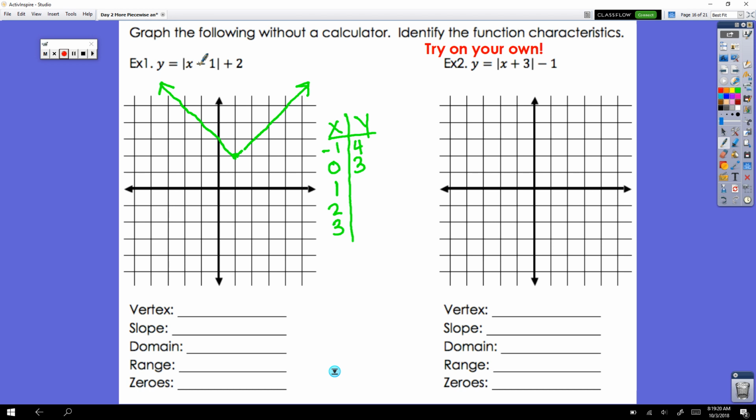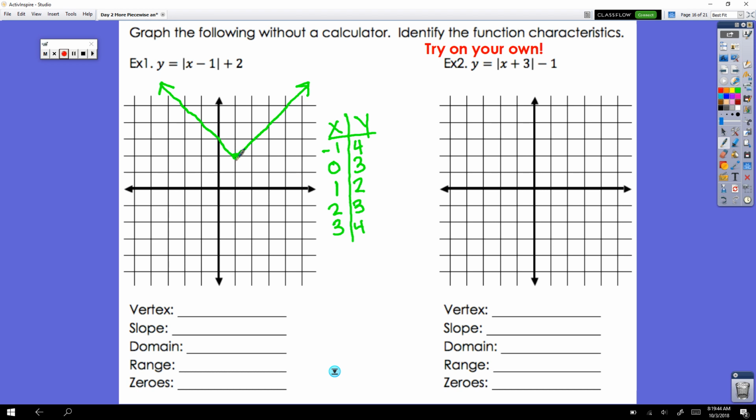Absolute value of 0 is 0, plus 2 is 2. 2 minus 1 is 1. Absolute value of 1 is 1, plus 2 is 3. 3 minus 1 is 2. Absolute value of 2 is 2, plus 2 is 4. Which, if you see here, these points all match up with what we just graphed already.